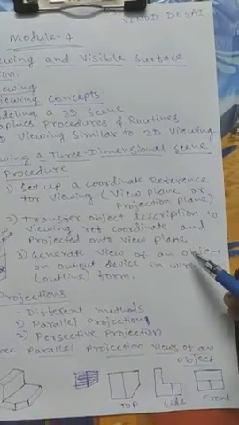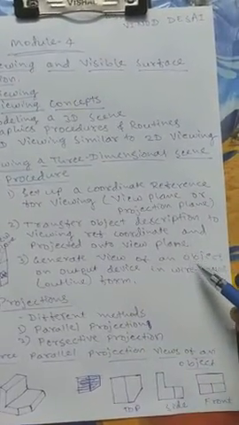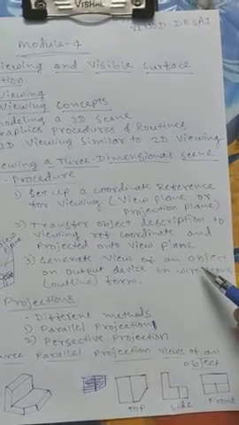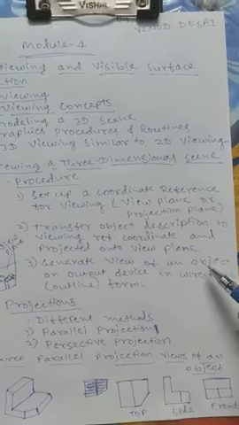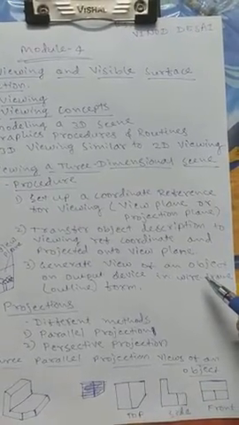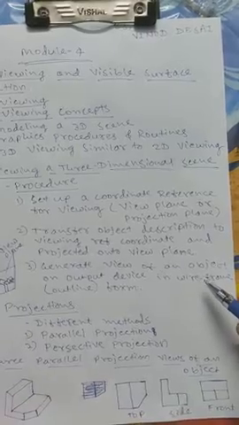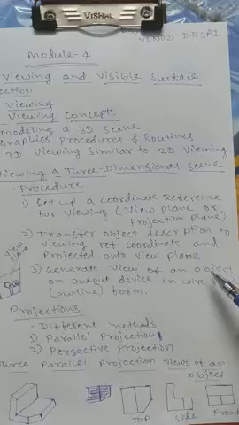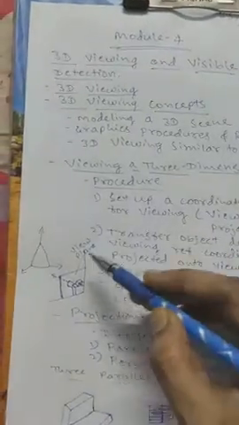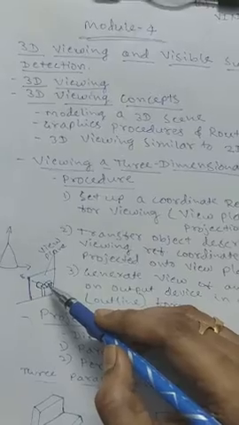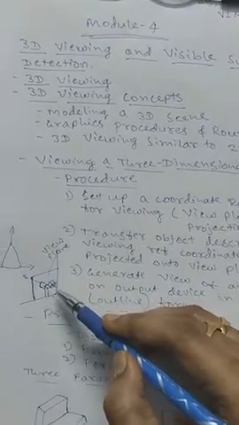And the third step is to generate the view of an object. So as per those viewing parameters or viewing coordinates, we need to generate the view of an object onto the output device. This view of the object is in a wireframe form, in an outline form. Outline in the sense it is in terms of lines. So here I have illustrated the coordinate reference frame for obtaining a selected view of a three-dimensional scene.